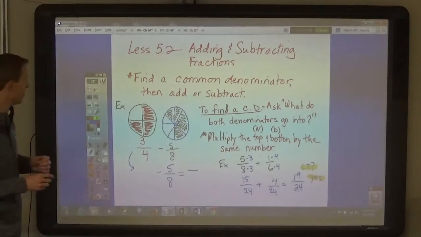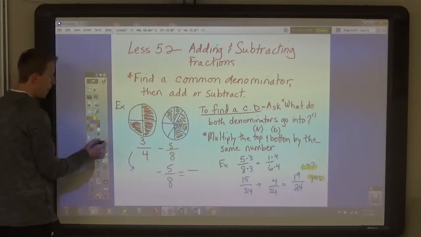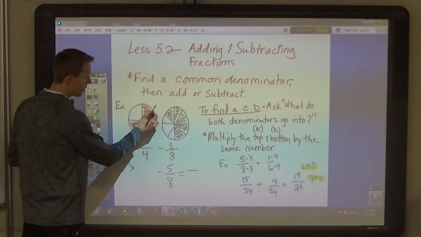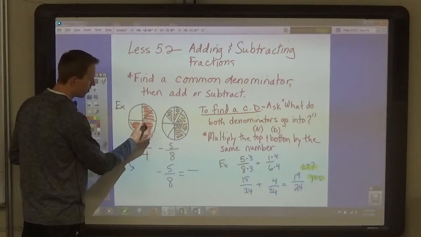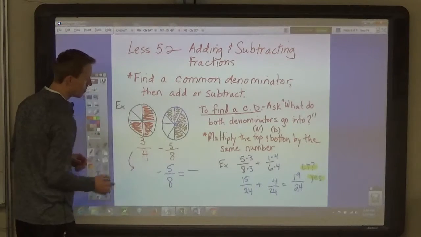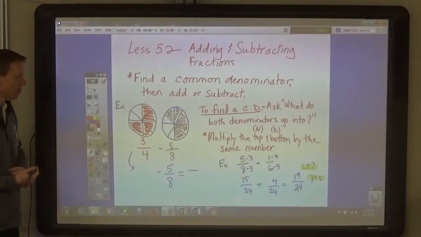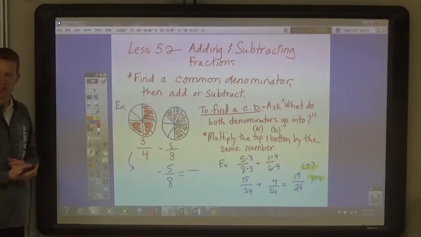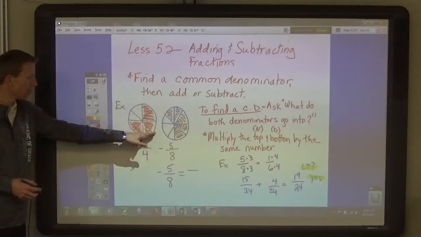Okay? So look, if we cut 3/4 into 8ths, how many 8ths do we have? We're just cutting the pieces up.